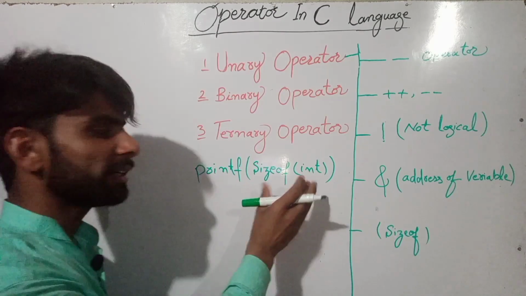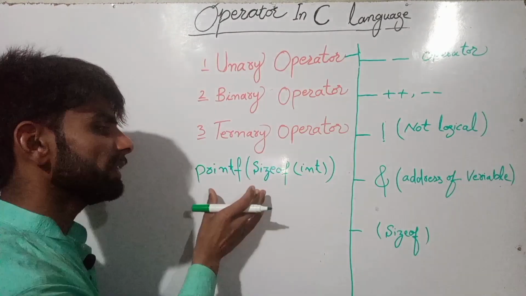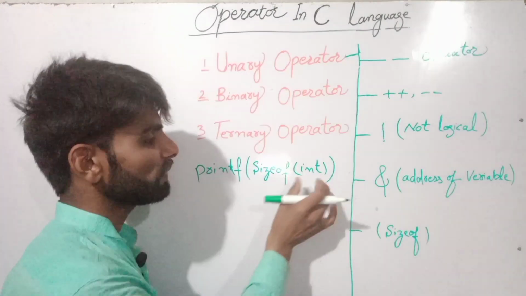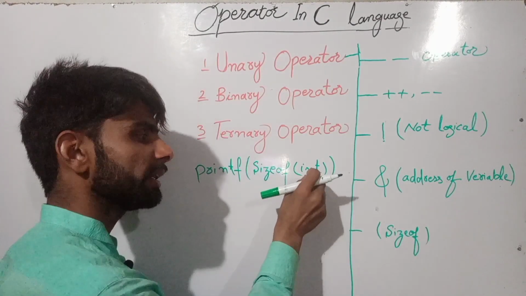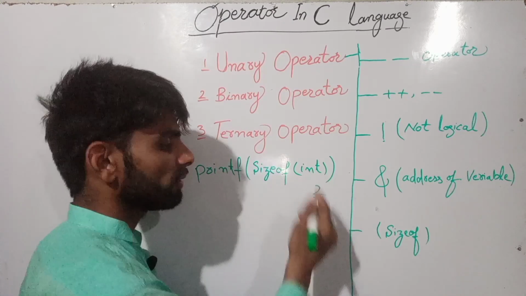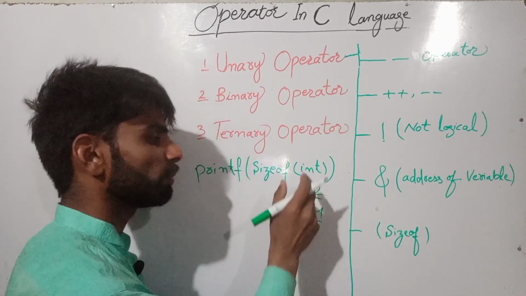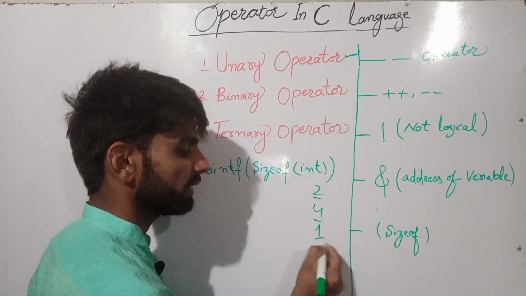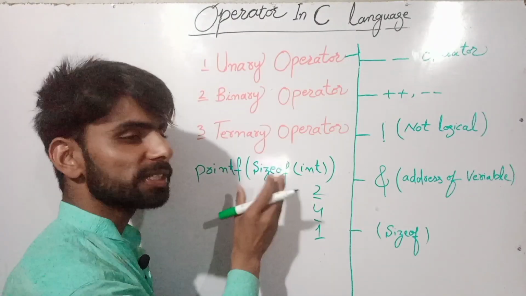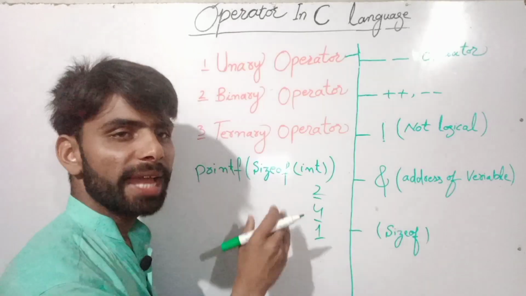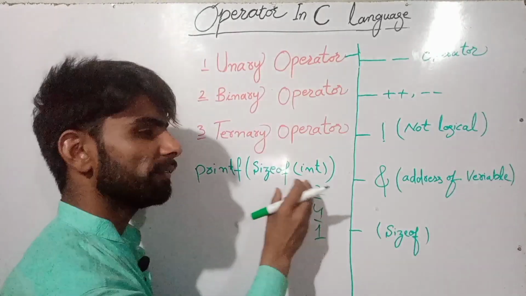I have written here the integer data type. It will tell the size of integer, that is 2, right? If we write here float, then 4 will be the output. If we write char, it takes 1 byte in the memory. So it tells the size of data types, that allocate the memory to the variables.